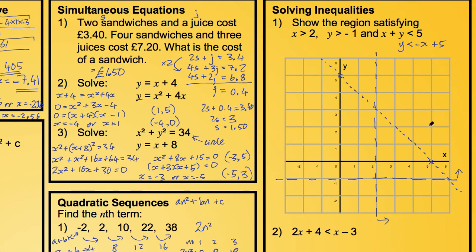So that's the line I want. Y is less than, therefore I'm thinking about underneath that line. So beneath that line, the only region that works for all three inequalities is this triangle, which is above y equals minus 1, to the right of x equals 2, and below the diagonal line.